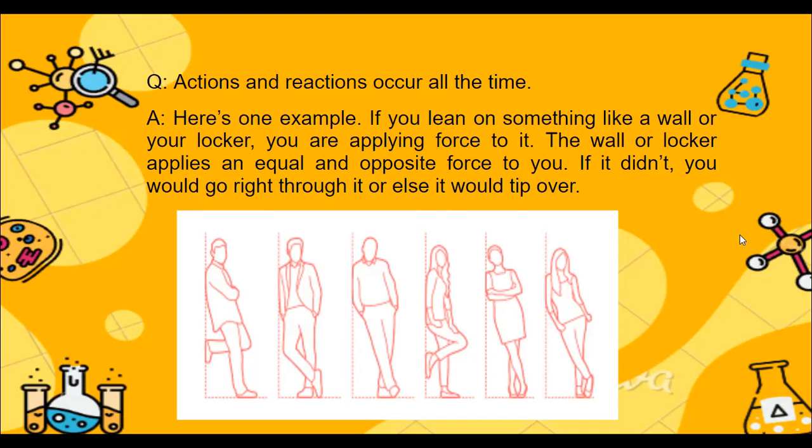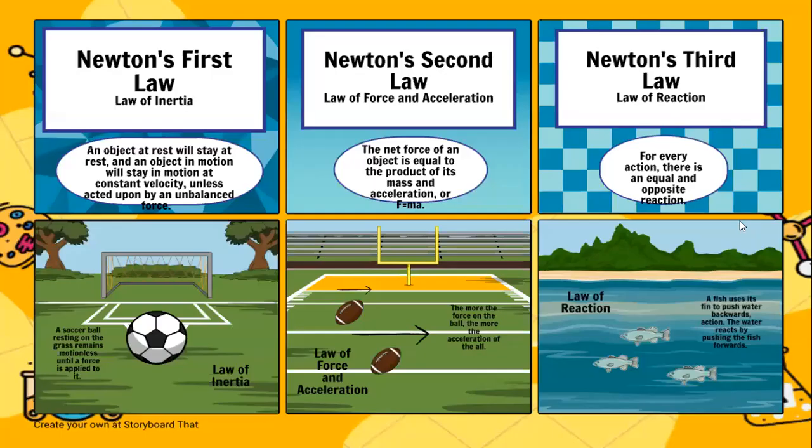Now, let us generalize the topic that we have discussed. Again, for Newton's first law of motion, or the law of inertia, an object at rest will stay at rest, and an object in motion will stay in motion at constant velocity unless acted upon by an unbalanced force.